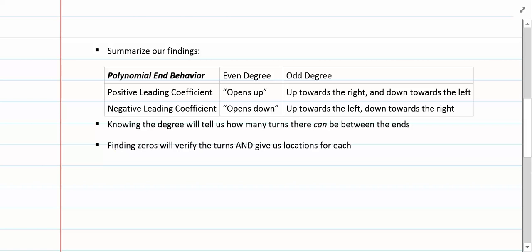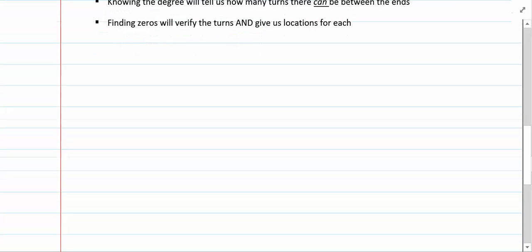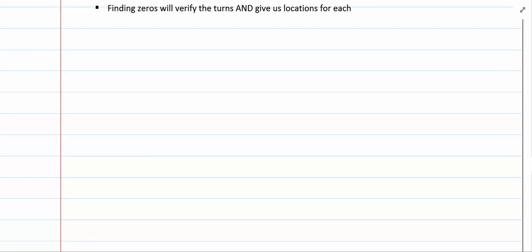And if we take this a little farther and calculate the zeros, or the roots, of each function, that will give us the exact number of turns that will occur in a particular graph. It'll give us a pretty good idea of what a graph will look like before we even put it into the calculator.